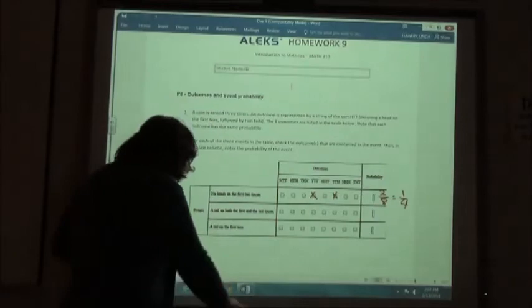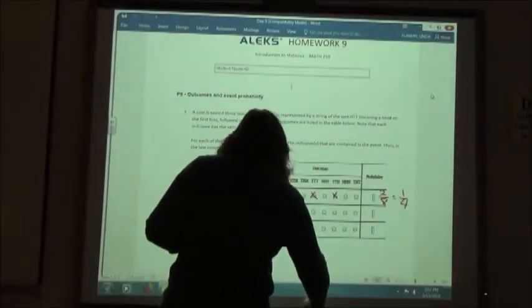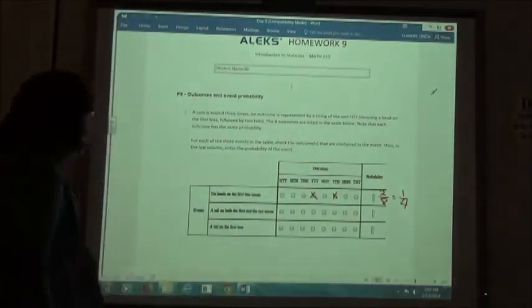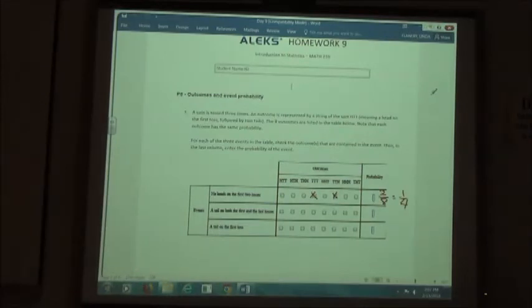So on the second one, we want a tail on both the first and the last tosses. So which one shows me tails on the first and the last? Which ones of those would have a tail on both the first and the last toss?